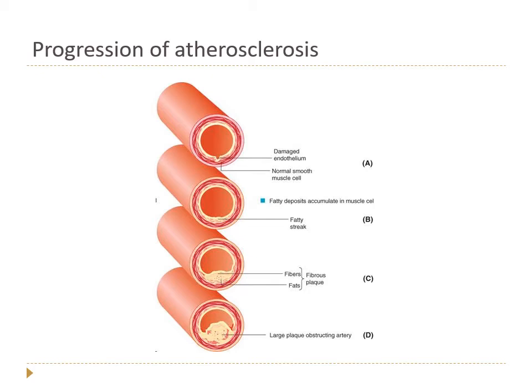Because as you start to build up this plaque, and now you have an irregularity in the surface of the artery, you also have an impediment to flow of blood through the artery, therefore that gets exposed to more trauma because you have this kind of bump sticking up, and so the problem just perpetuates itself. So you can see how over time, when this plaque gets really large, it starts to obstruct the artery, right? It's basically clogging the artery, and it's much harder for blood to flow through it.